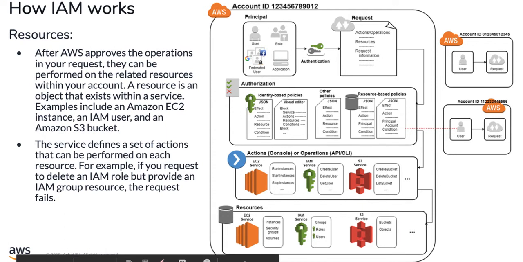So let's understand what resources mean. After all these steps, after the approval of the operation, the request can be performed on related resources within the account. Resources can be any object that exists within the service.